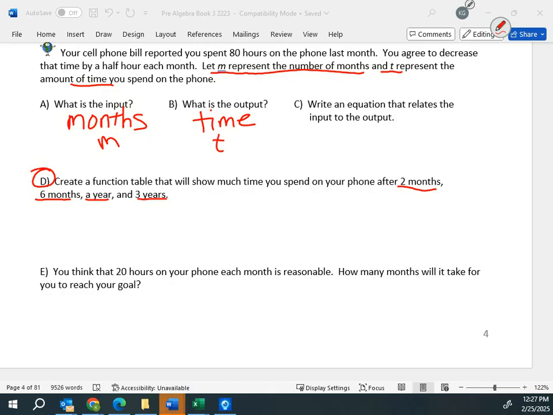Now comes the tricky part. Who thinks they know what the equation would be? So your cell bill reported you spent 80 hours on the phone last month. You agreed to decrease that time by half each month. What should that equation be? Graham?